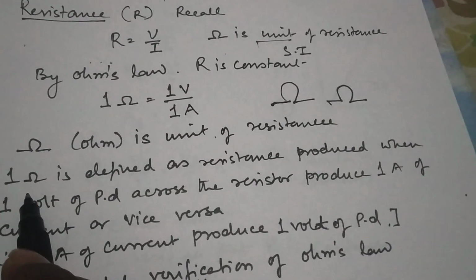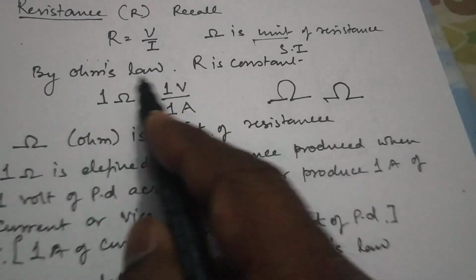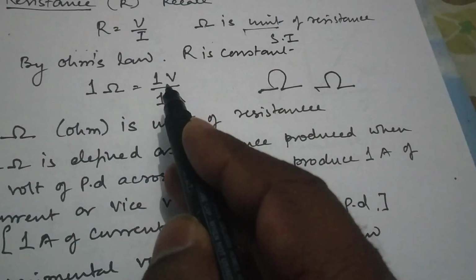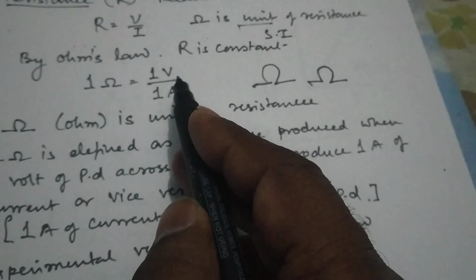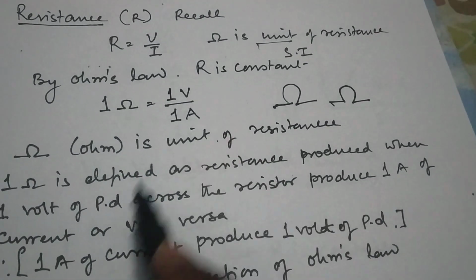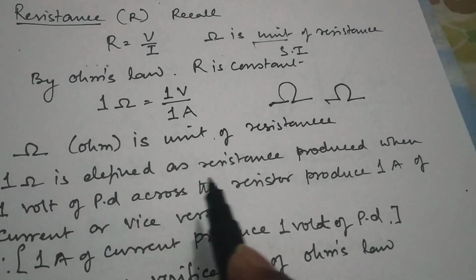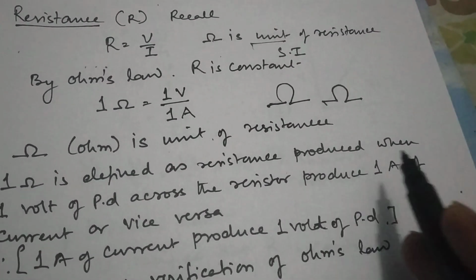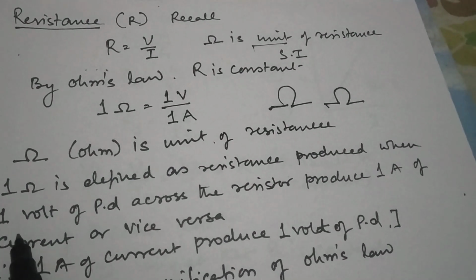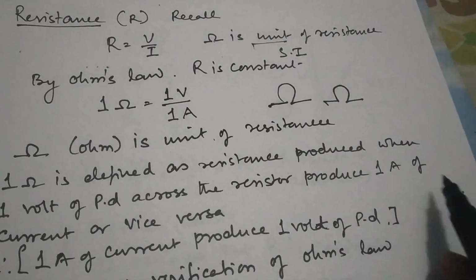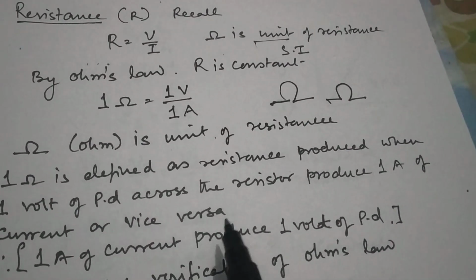So the definition of 1 ohm comes from this particular formula. So 1 volt PD that we took, and 1 ampere current that we took. So 1 ohm is defined as the resistance offered when 1 volt of PD across the resistor produces 1 ampere of current, or vice versa.